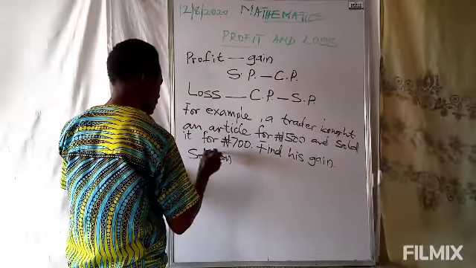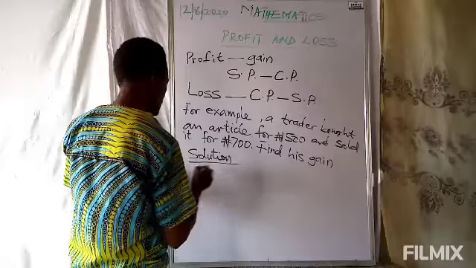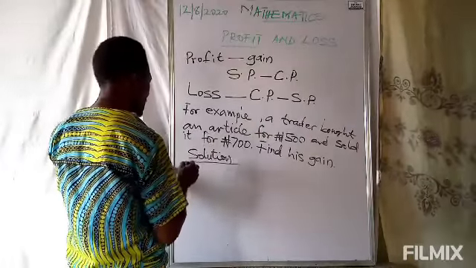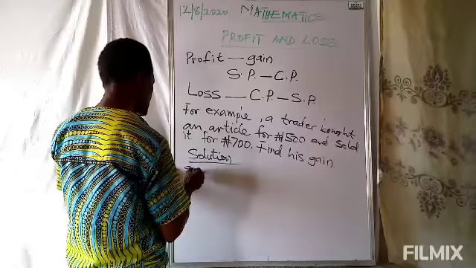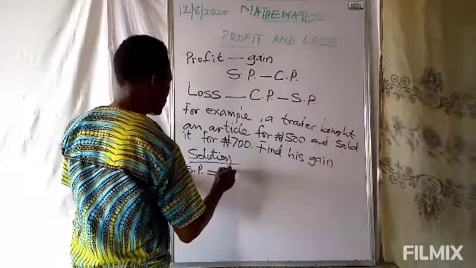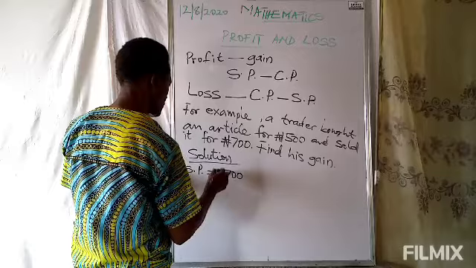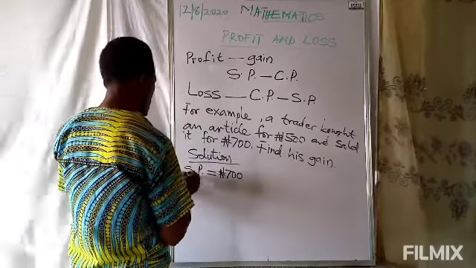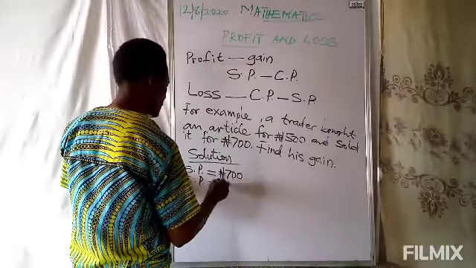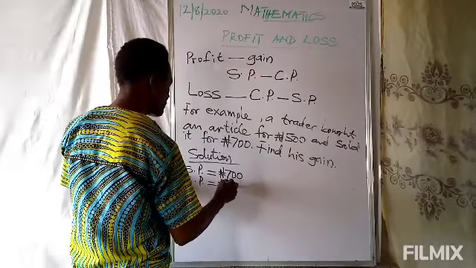So this one now is the solution. We have selling price is equal to 700 naira. Cost price is equal to 500 naira.